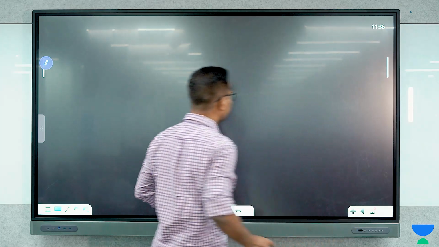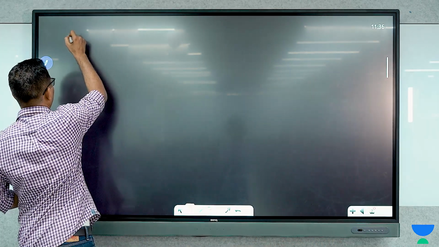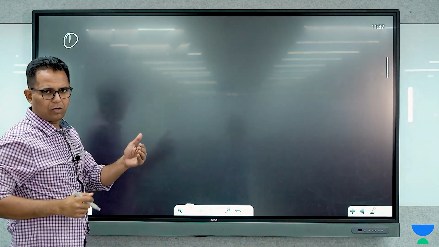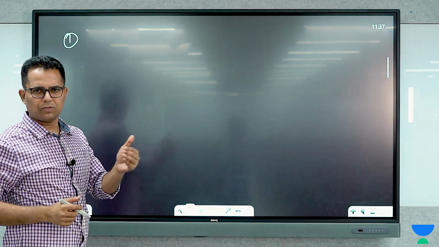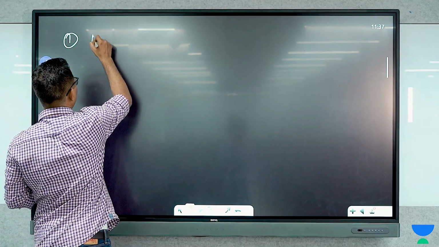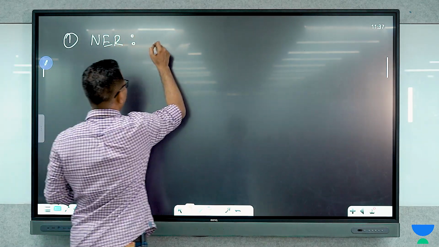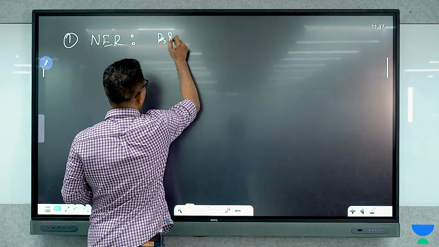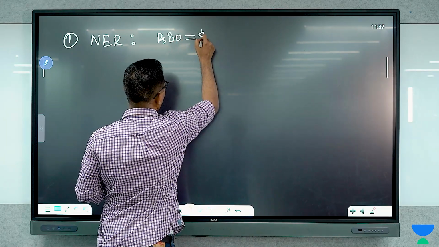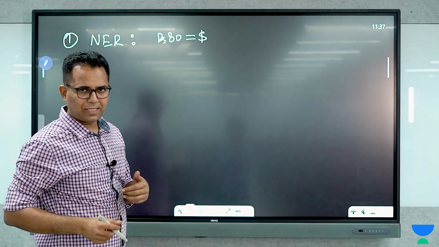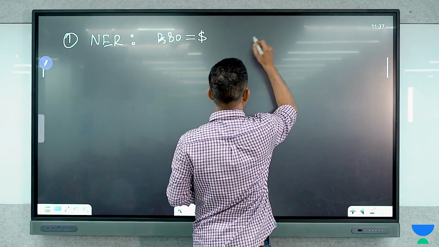So let us understand the three exchange rates. Now, as I said, the standard is abroad with respect to domestic, foreign with respect to domestic. So the nominal exchange rate, which is presently rupees 80 equivalent to $1, we have to write as abroad with respect to domestic.